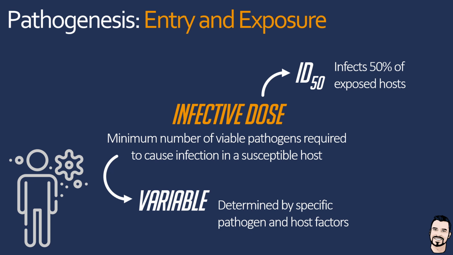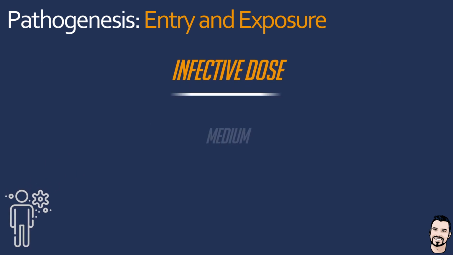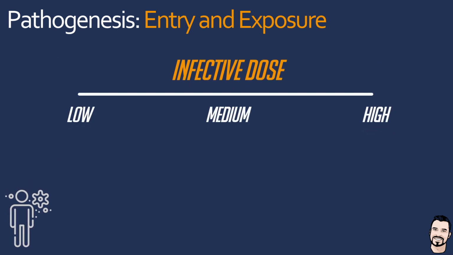Then on the host side, we have the microbiome, the immune status, and whether they have been previously exposed to the pathogen. And so together, these factors explain why the same exposure can lead to infection in one person, but not another.